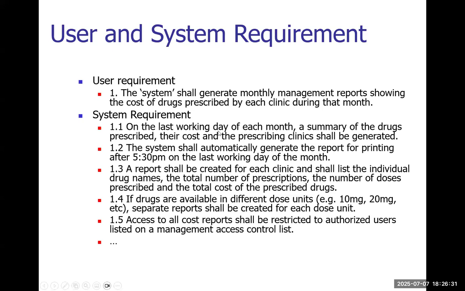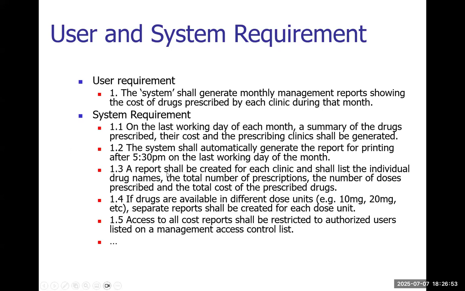Here you can see that this system requirement specifies not only the date, but also the content of the report. And then the system should automatically generate the report for printing after 5:30 p.m. So here we further detail what time to generate.